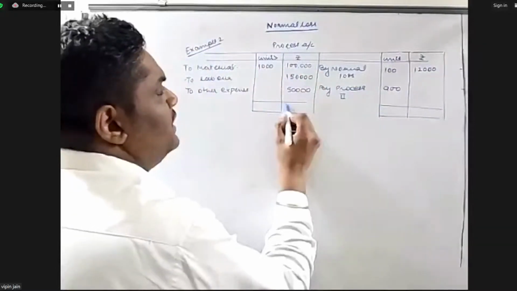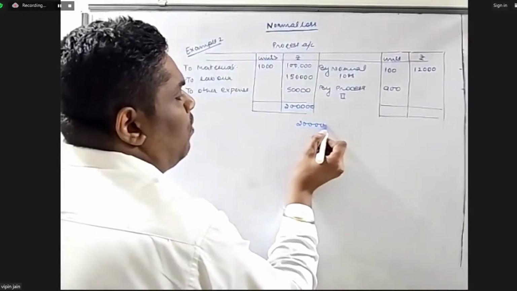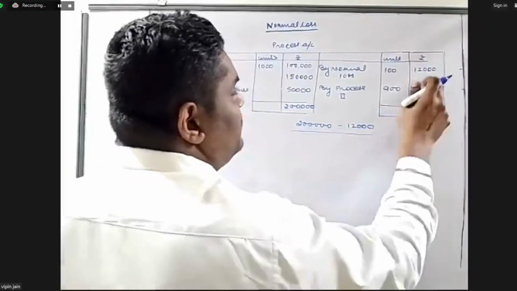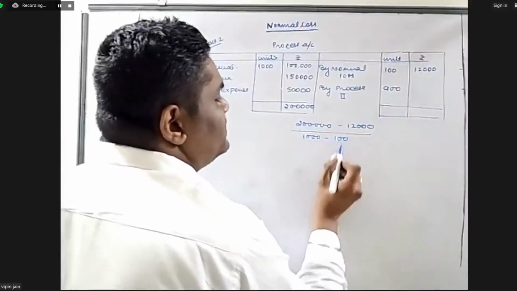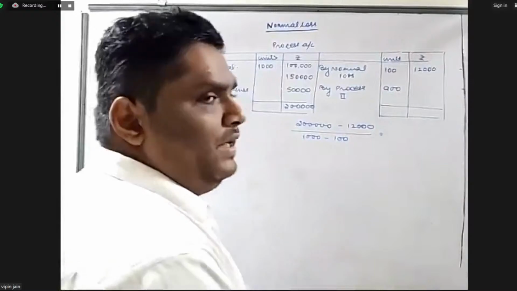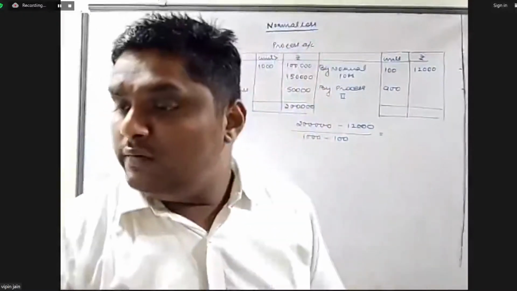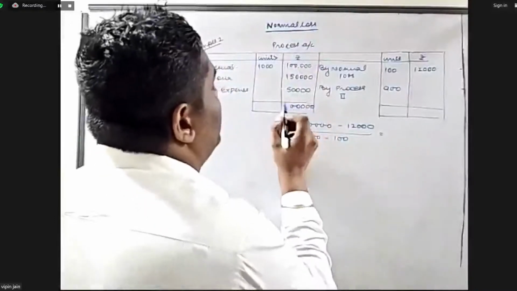And the cost per unit will be very simple. The total cost, that is 3 lakh, minus 12,000 scrap value realized, divided by 1,000 units minus 100, that is my normal loss. We'll get the cost per unit.